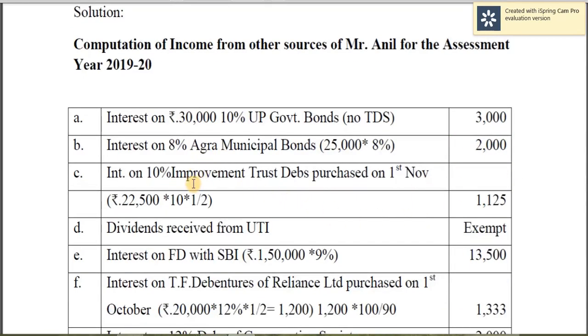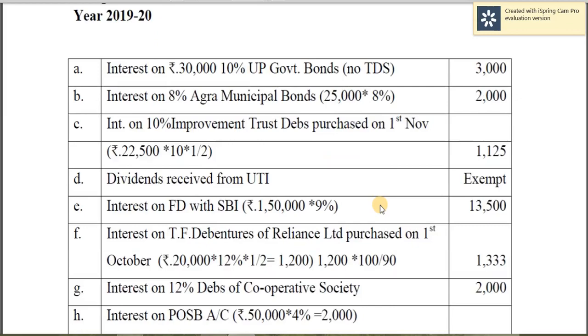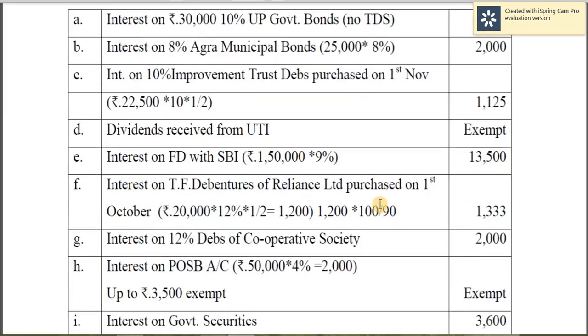And in the case of 10% improvement trust debenture, it is a less tax security. So 1,125 is the gross amount, but what the holder is going to receive is after deducting TDS of 10%, therefore remaining amount is the net amount realized.